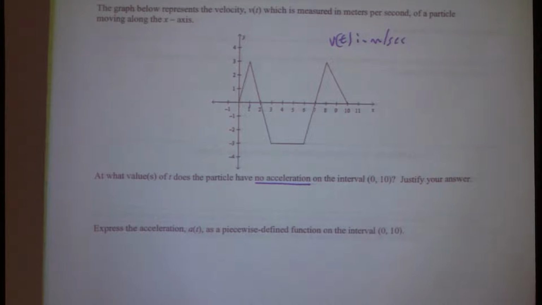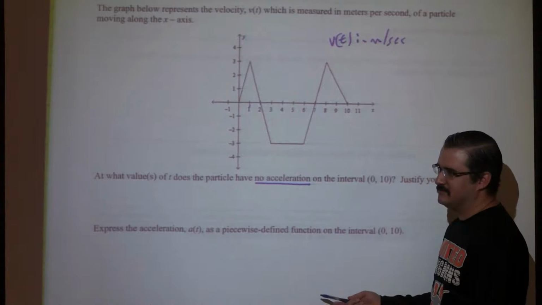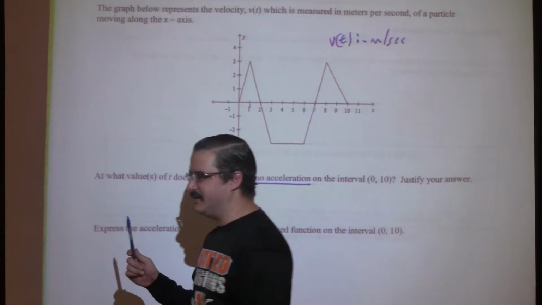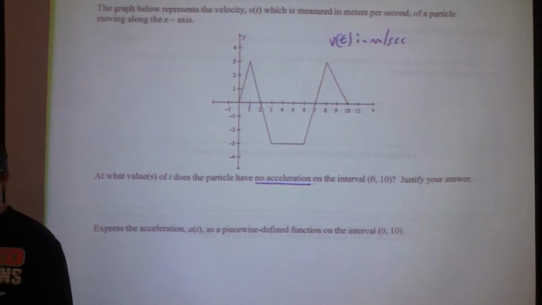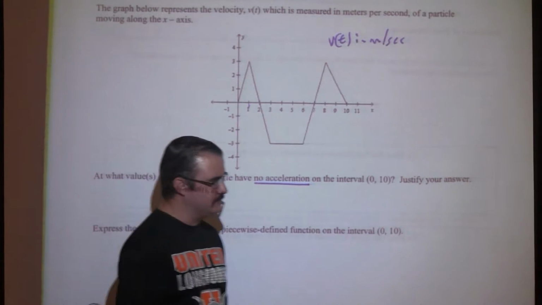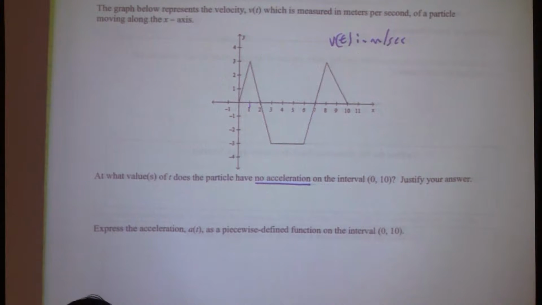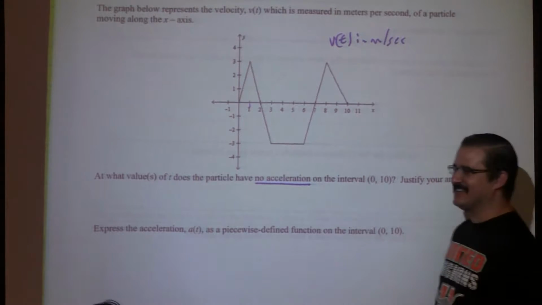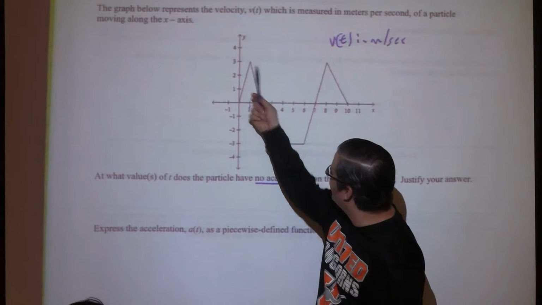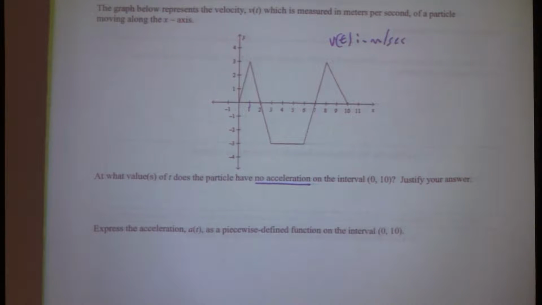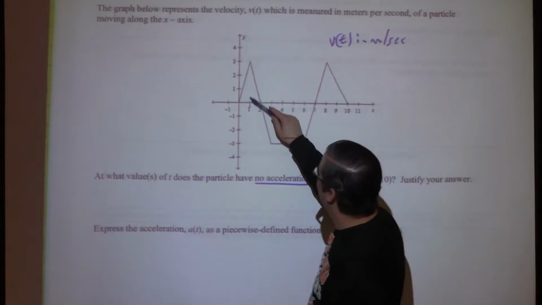Acceleration is the derivative of velocity, right? Yeah. So if you say no acceleration, then velocity has to equal to what? 0? Well, what about if it was undefined? So is there acceleration here or no acceleration? No acceleration? But what happened here at 1?